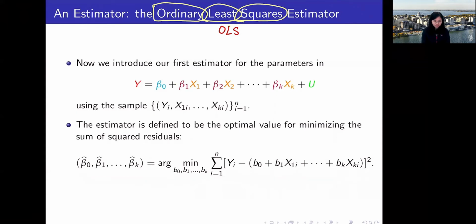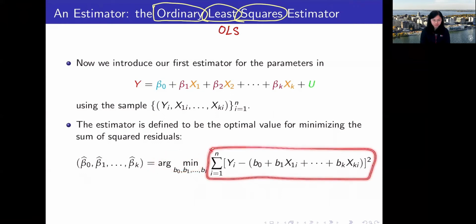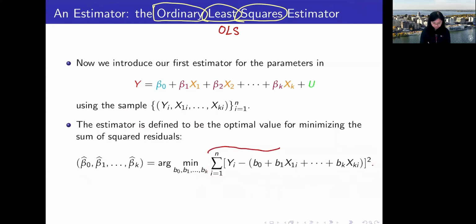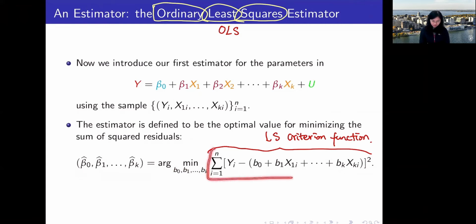The estimator is defined to be the argument of this function, which we call the criterion function. So the least squares criterion function. So what's argmin? Argmin means that it is the solution to the minimization problem. So the beta hats are the minimizers of this least squares criterion function.